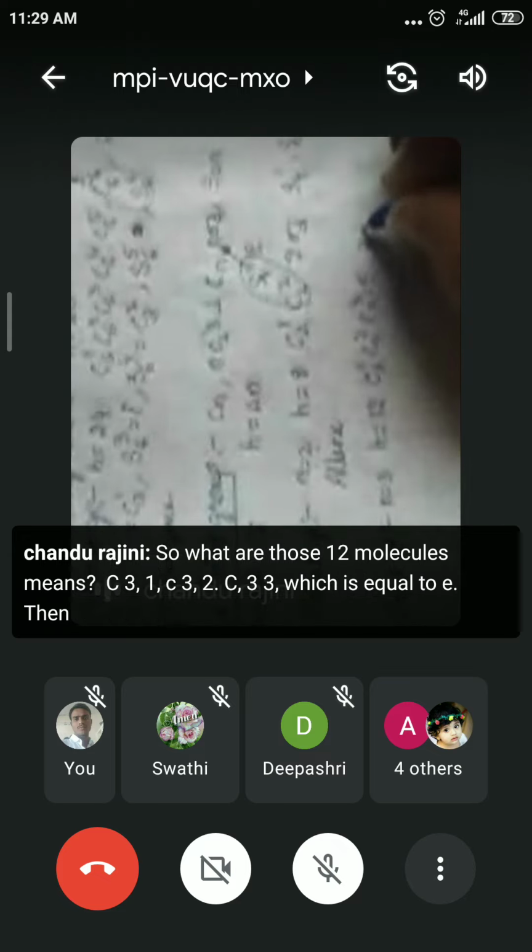Then we will be having 3 C2s, then 3 dihedral planes, and coming to S2n. S2n means S6. S6 will generate 12 elements. So what are they? Let us see. S6^1, then S6^2.